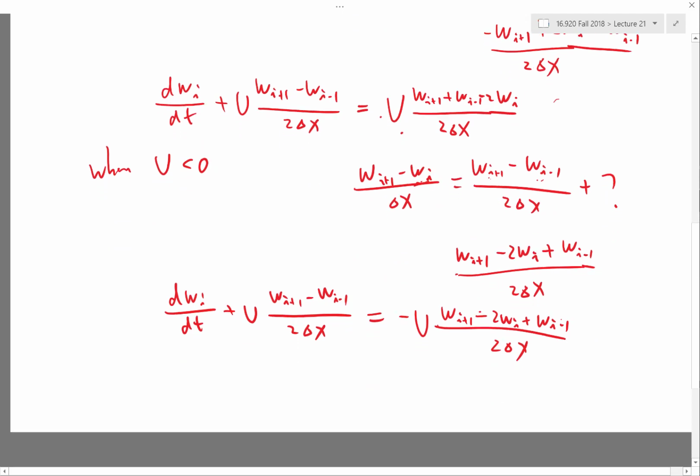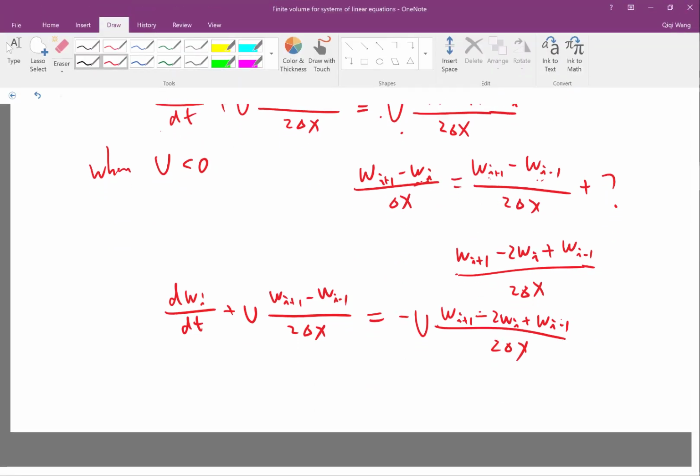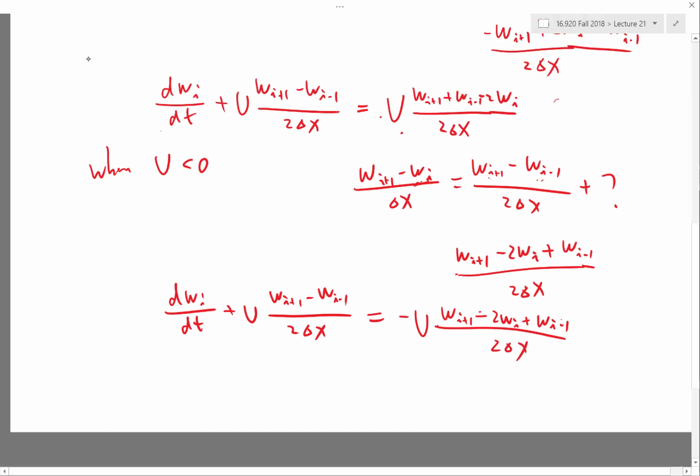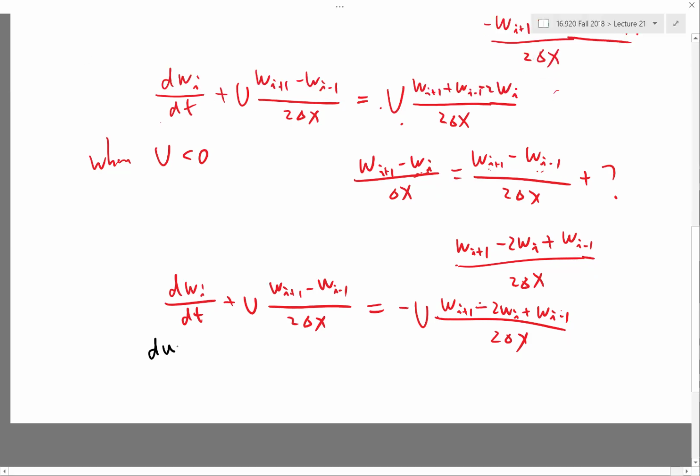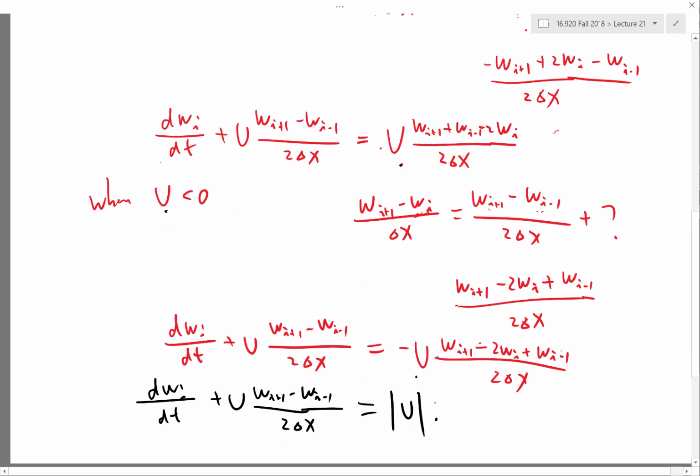Both equations can be written into the same equation, which is dw_i/dt plus the central difference equal to the absolute value of u, because this is when u is negative, this is when u is positive, times the second order derivative.